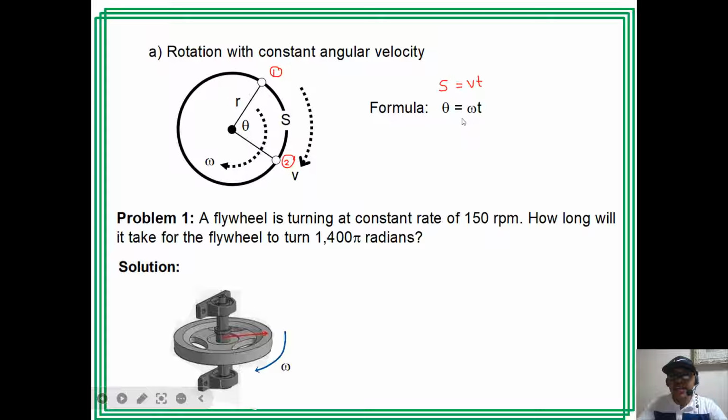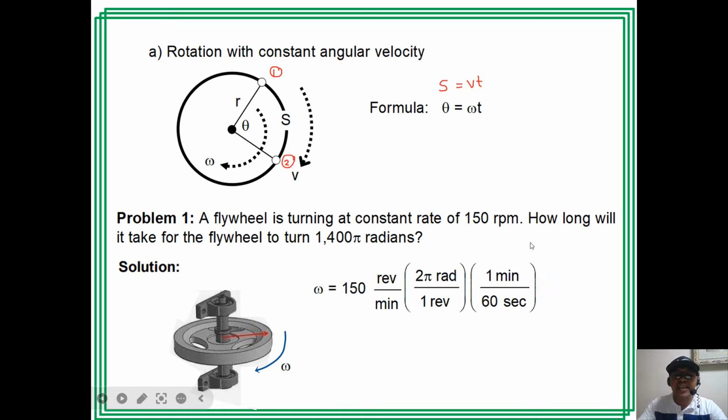We can use the formula theta equals omega times t, but we will first convert the revolutions per minute to radians per second. Multiply, with 1 revolution equal to 2 pi radians, and 1 minute equal to 60 seconds. Revolutions cancel out, minutes cancel out, and the resulting unit is radians per second.